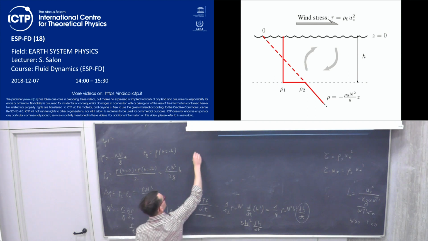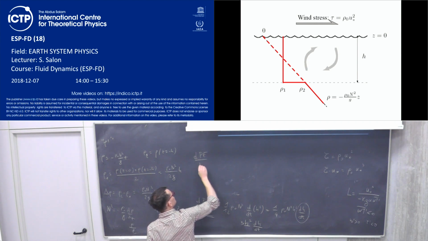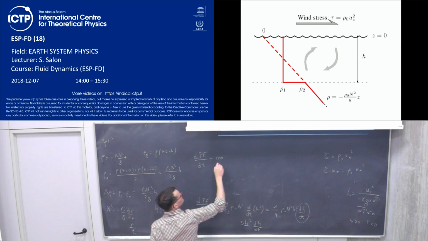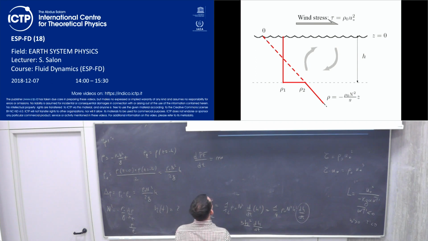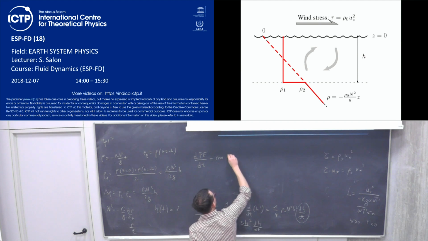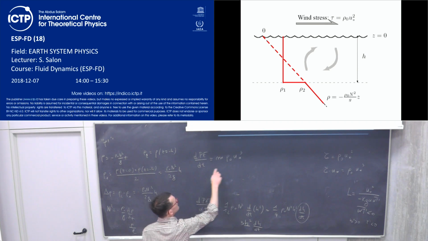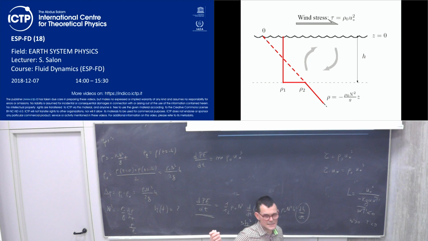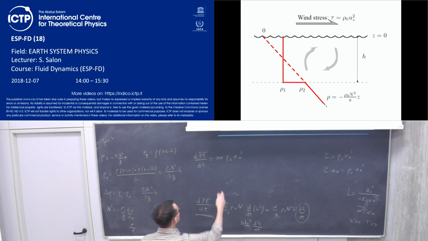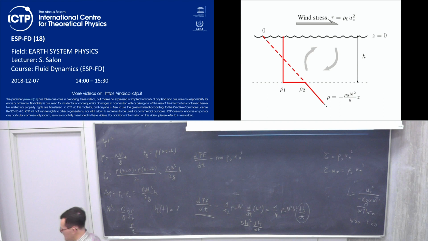Okay, so we can make the balance between the variation of potential energy, and then we will put a coefficient m in front of the rate of work given by the wind stress, in order to take into account that not all the energy that is transferred from the wind stress is directly transferred to the potential energy of the stratified system.